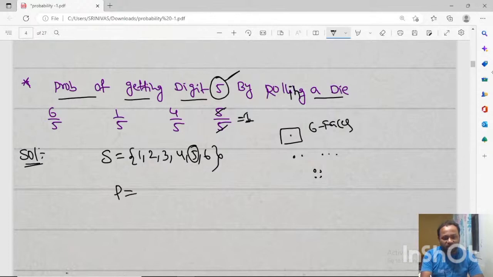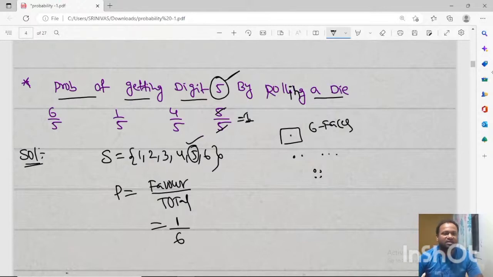So probability is nothing but favorable divided by total. Favorable is 5, which means only 1, divided by total 6.